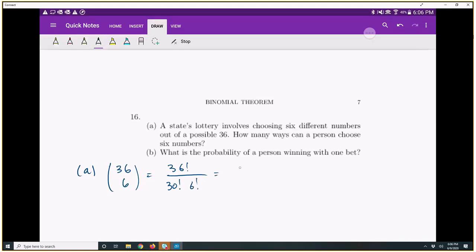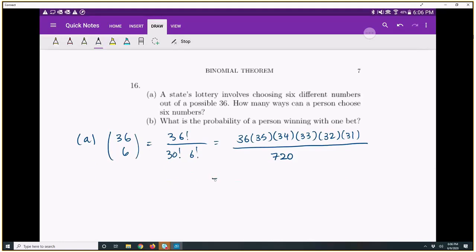So we'd have 36 times 35 times 34 times 33 times 32 times 31, and the rest would get canceled by the 30 factorial. And then on the bottom, 6 factorial ends up being 720. So that's going to be a huge number. It's 1,947,792.